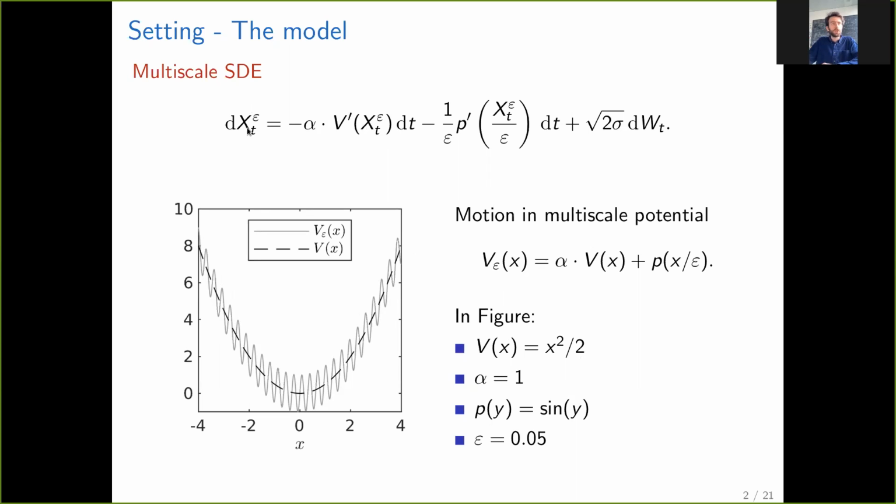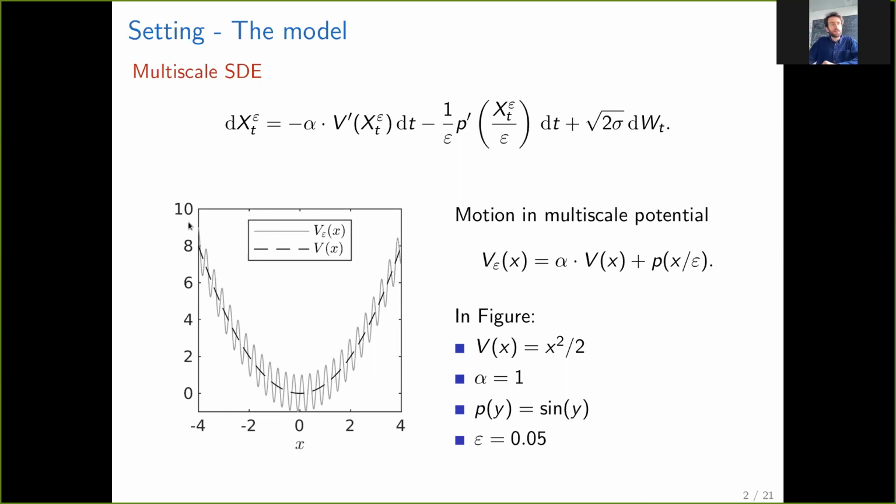So what happens? The diffusion process moves in this potential. It will eventually go to the bottom, to the minimum of the potential, but it stays stuck in this local minima. And it can escape this local minima only because there is a diffusion term. So we are slowly drifting towards the minimum, and then we get stuck in a local minima and jump out of them as soon as the diffusion kicks in enough.